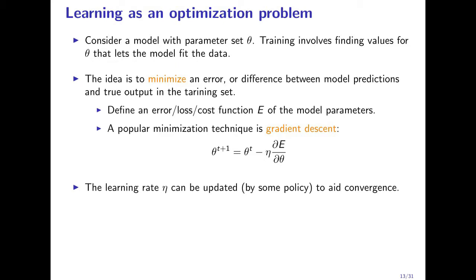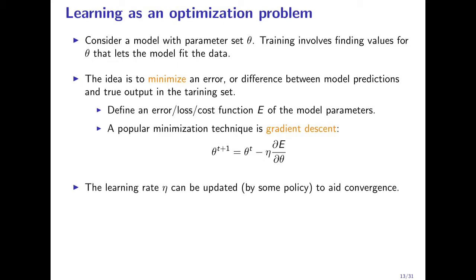There's a delicate balance between moving too quickly and moving too slowly. We basically want to end up in this minimum of the error surface. So we start somewhere up here and we try to move down the hill towards this minimum. If we move too quickly, we might accidentally jump over the minimum. And on the other hand, if we move too slowly, we might never get to the minimum.